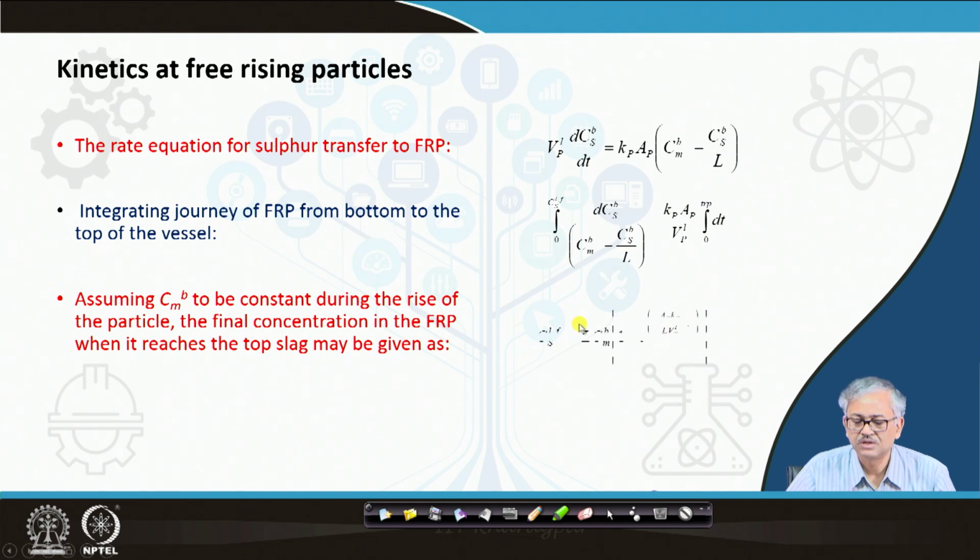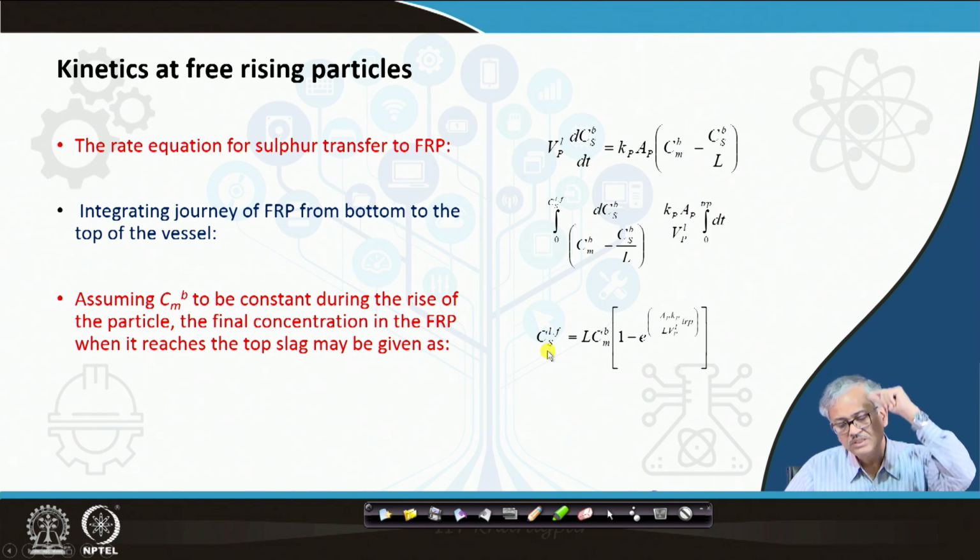Okay. So, if I just ignore that, then the variable is only this thing, and then we can simply integrate this equation and get this relationship. So, when the liquid powder will reach the top slag, then its concentration will be given by this, where L is the partition coefficient, CMB is the instantaneous concentration in the bulk metal phase, and 1 minus AP is the contact area of the FRP and the liquid metal, and Kp is the mass transfer coefficient at the FRP liquid metal concentration layer and boundary layer, and L is the partition coefficient.